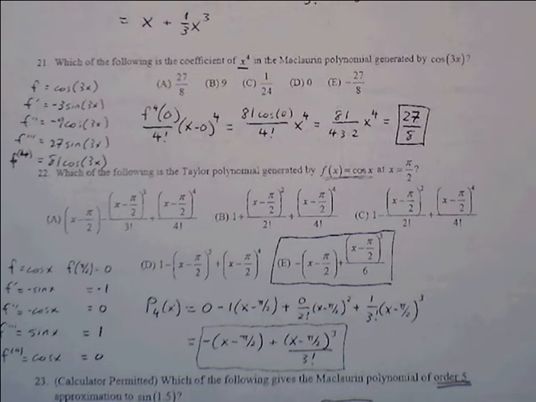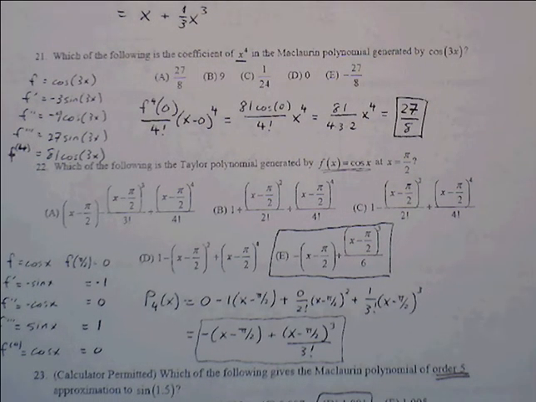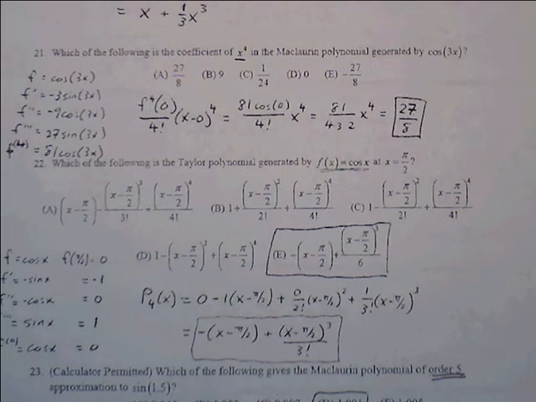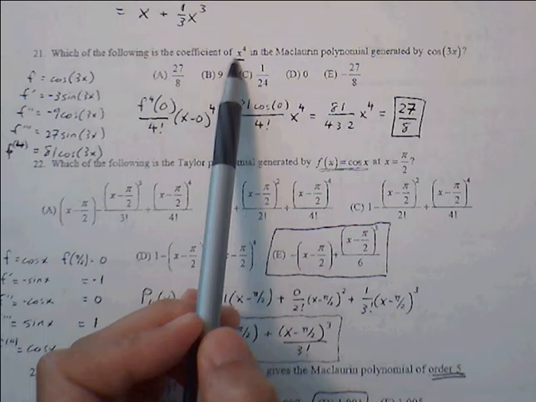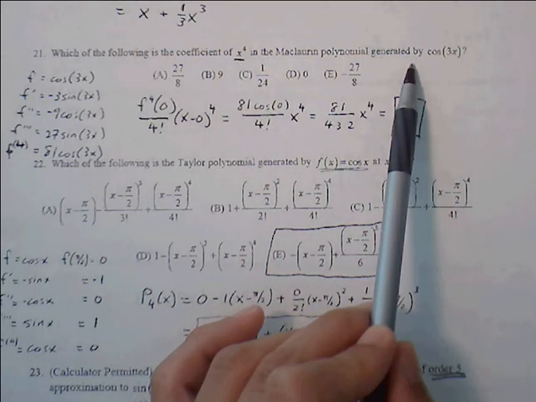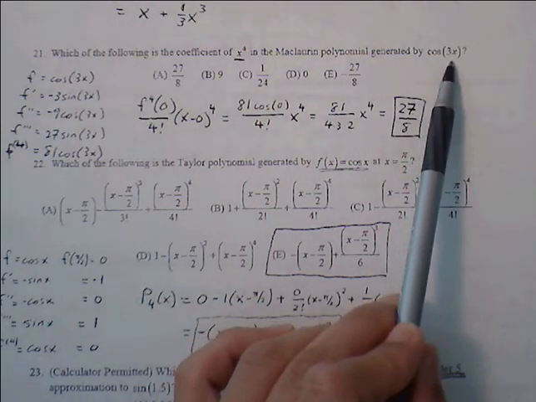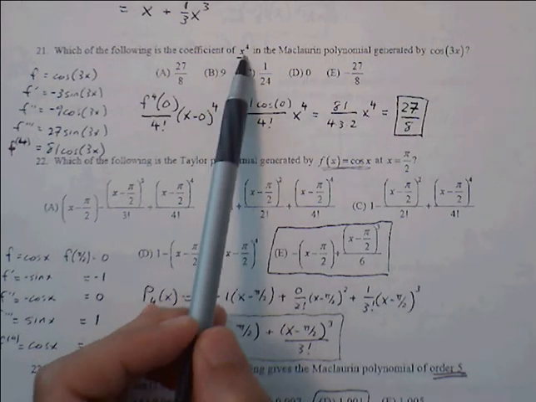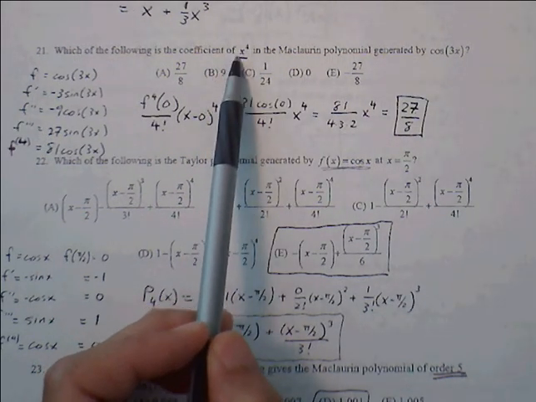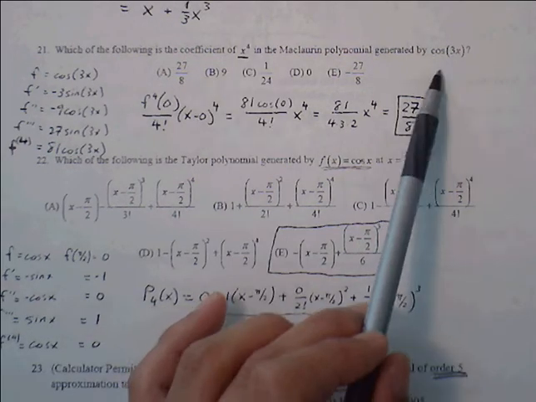Okay, 22. Which of the following is the coefficient of x to the fourth in the Maclaurin polynomial? So this one we probably do need to build our Maclaurin polynomial. We're going to work our way down to the fourth derivative of cosine of 3x.